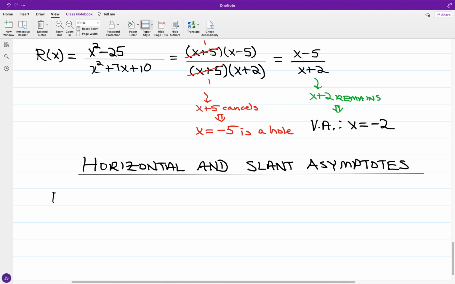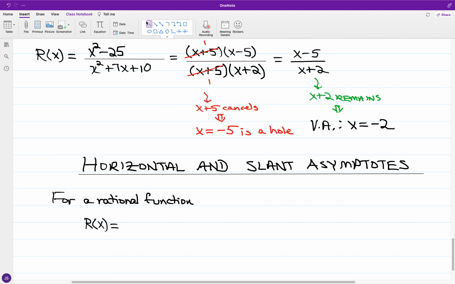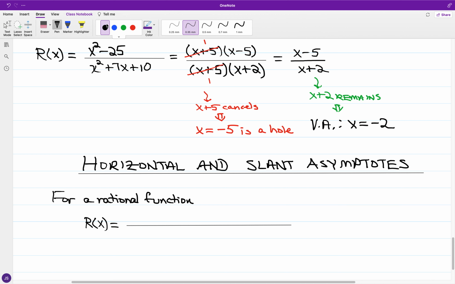So for horizontal and slant asymptotes, we have for a rational function r of x equal to, and we use kind of like the theoretical notation, like what I did with the end behavior of the graph of a function, and what we looked at transitioning between long division and synthetic division.